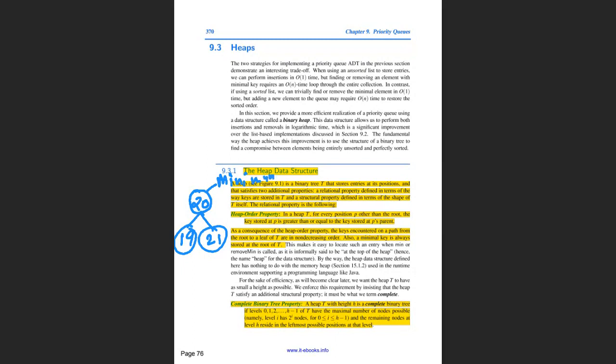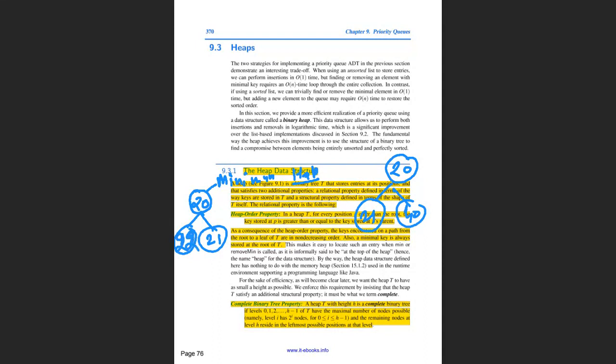Or there is one more heap where the root should be greater than the children. Sorry, here the root must be smaller, so this should be 22. And here I make the root bigger.